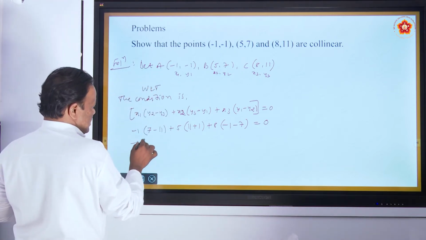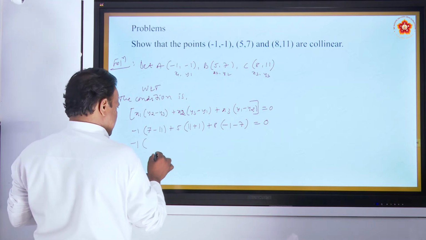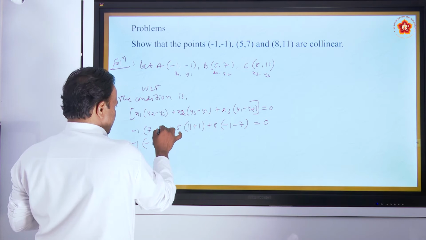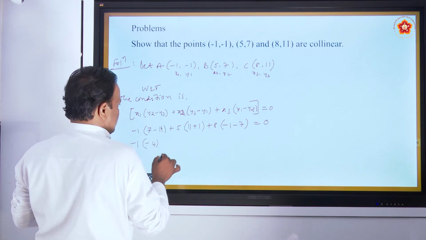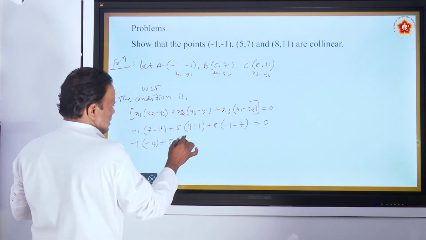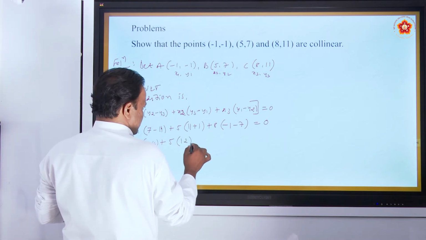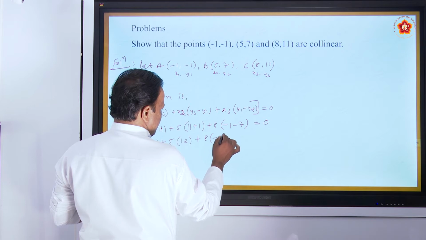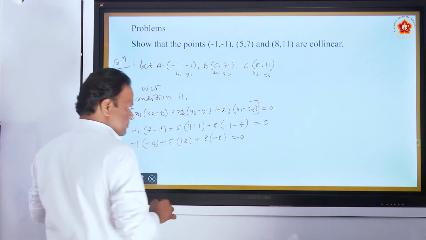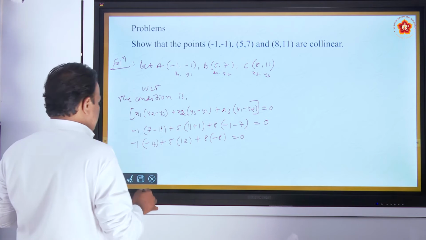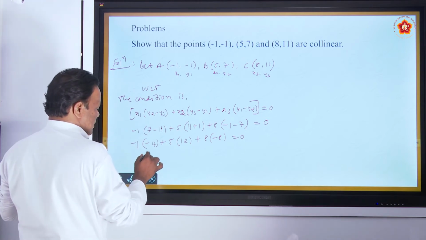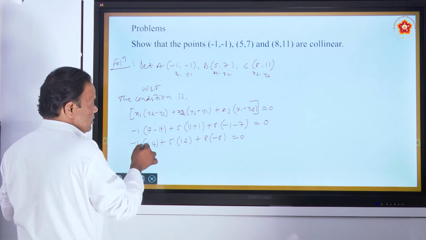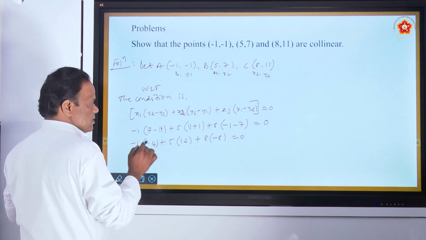Simplification: minus 1 as it is, 7 minus 11 is minus 4, plus 5 as it is, 11 plus 1 is 12, correct, plus 8 as it is, minus 1 minus 7 is minus 8, equal to 0. The RHS is 0. Now simplification: 1 times 4 is 4, minus of minus is plus 4.